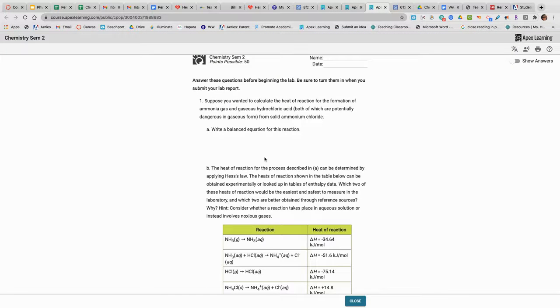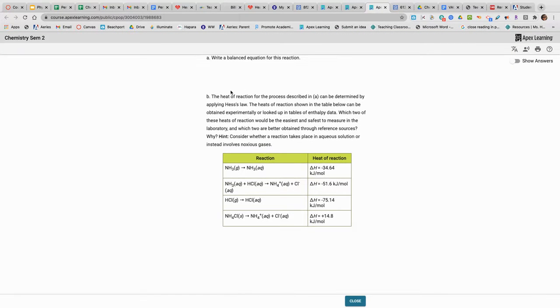All right. Then the second part says the heat of reaction for the process described can be determined by applying Hess's law. And the first question says, which two of these heats of reaction would be the easiest and safest to measure in the lab, and which two are better obtained through reference sources and why?